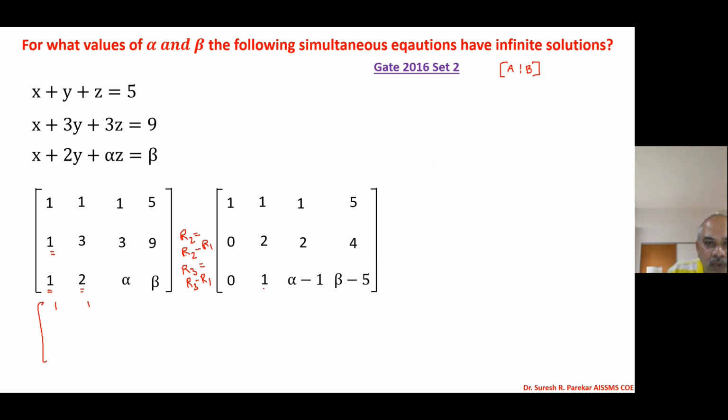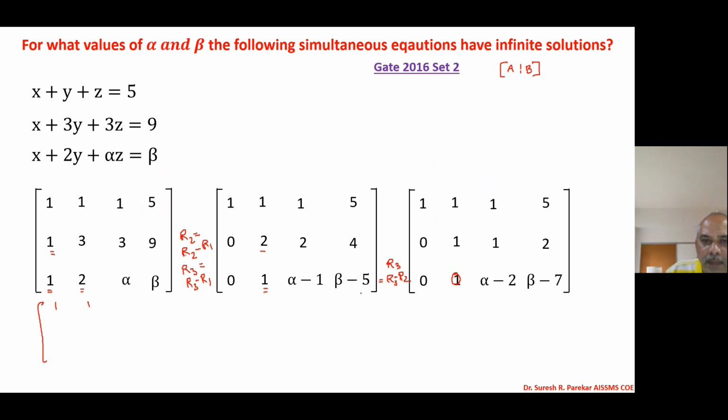Now make this 0. For this, I will divide this row by 2, and then we will subtract. First I have divided this by 2, and now we go with R3 equal to R3 minus R2, and from this we will get 0. Then this will be 0, 1 minus 1 is 0.